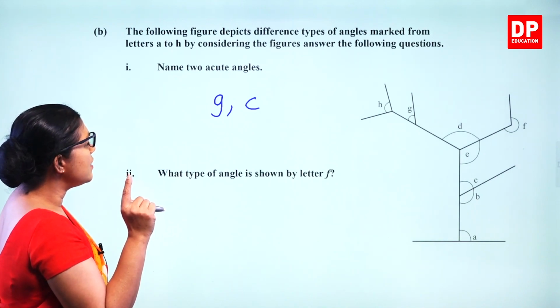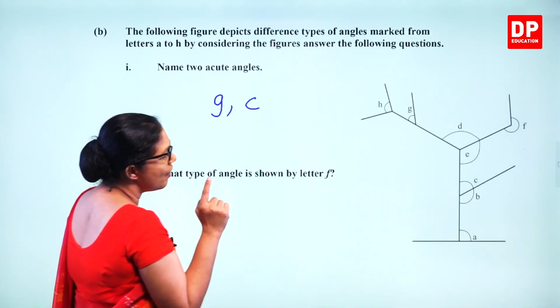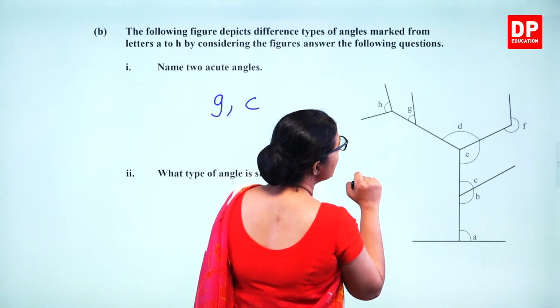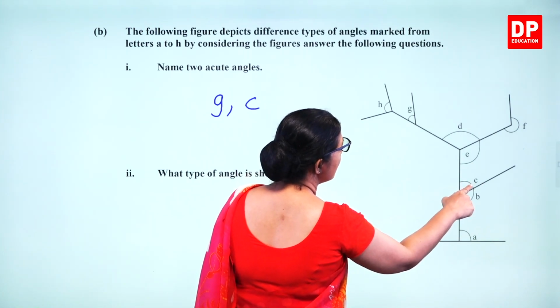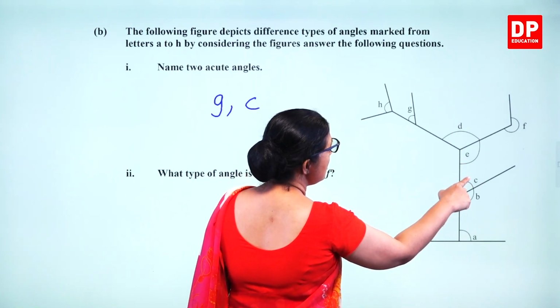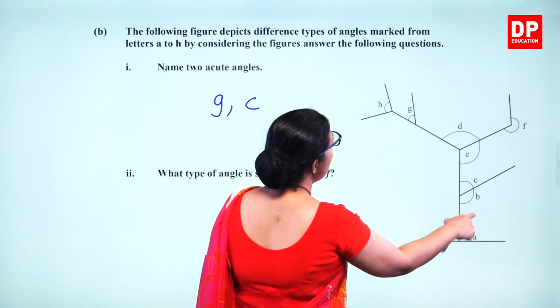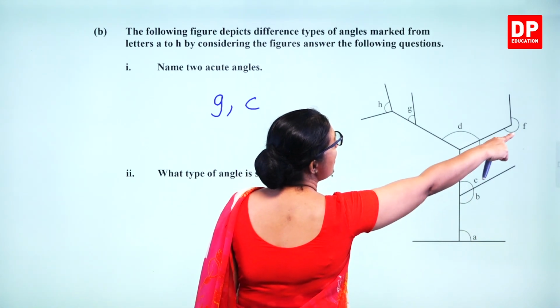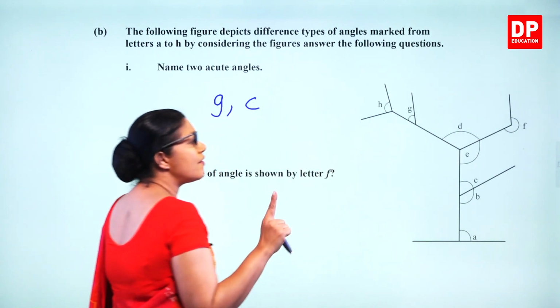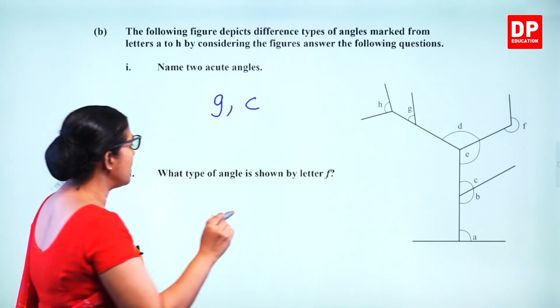What type of angle is shown by letter F? F is here, more than 180 degrees. That's reflex angle.